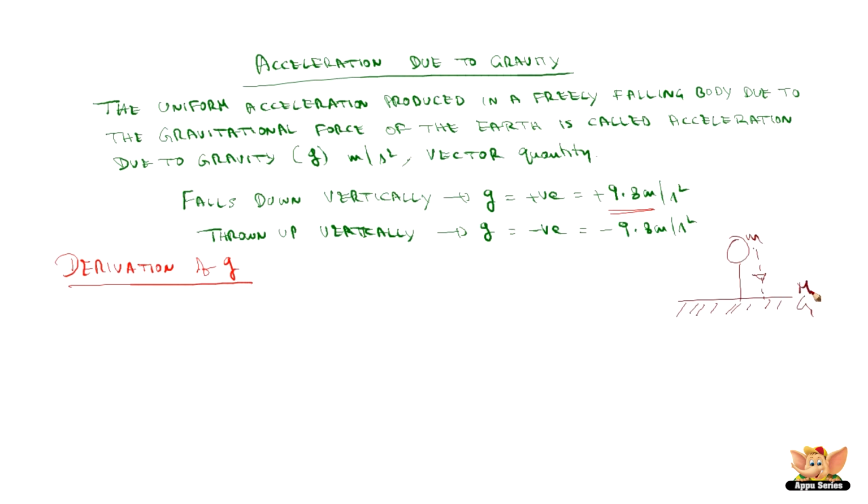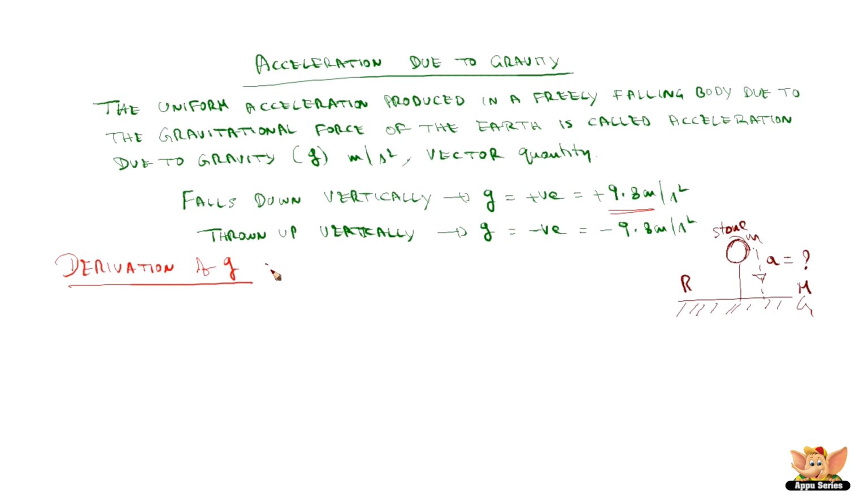Earth is of mass capital M, and the stone is of mass small m. We need to find out the acceleration. In order to find it, we also need one more parameter, and because we are taking it with respect to the earth, we know the earth's radius also. Let us say the radius of the earth is r.